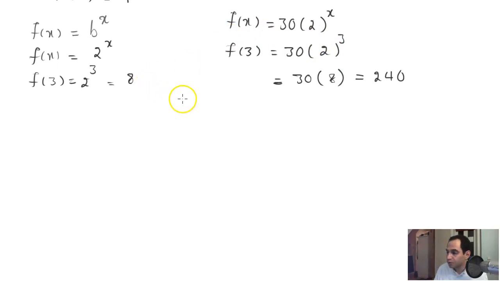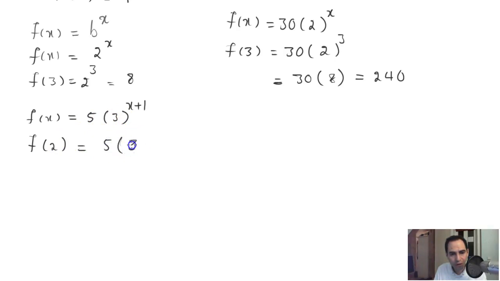We also have another example here. If f of x is equal to 5 times 3 raised to the power x plus 1, you want to evaluate f of 2 without a calculator. So it is equal to 5 times 3 raised to the power 2 plus 1, which is equal to 5 times 3 raised to the power 3, which is equal to 5 times 9, which is 45.